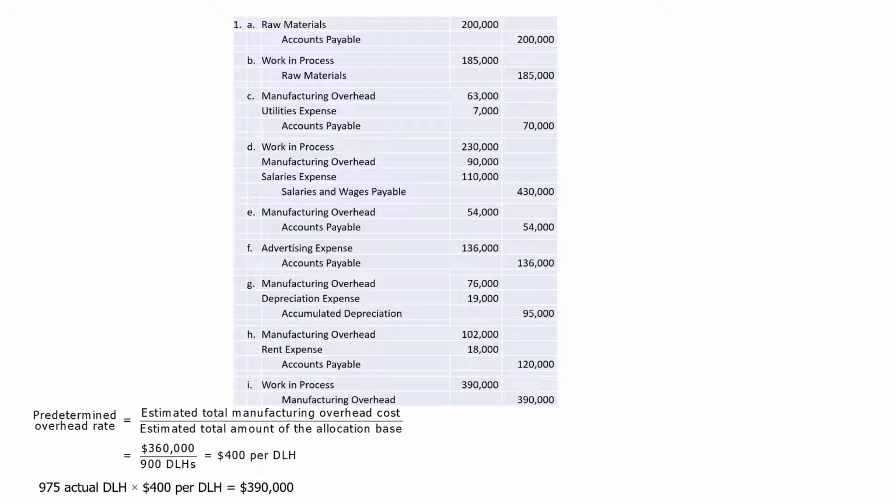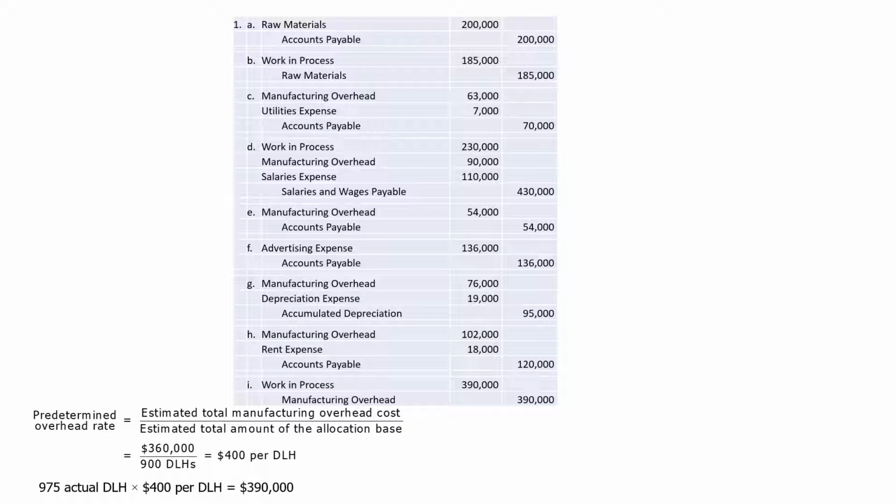Actual manufacturing overhead is debited to that account, applied is credited. Okay, and that's the way you want to look at it. The portion that is not related to manufacturing is debited to utility expense, $7,000. Credit accounts payable for the $70,000.